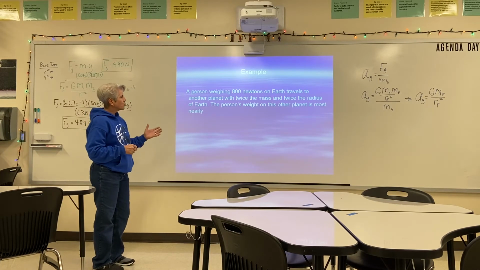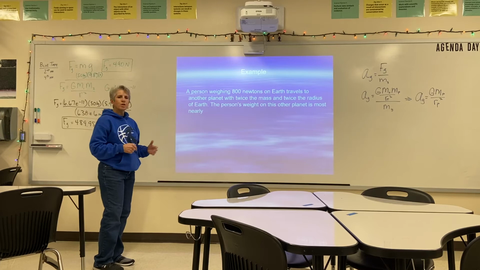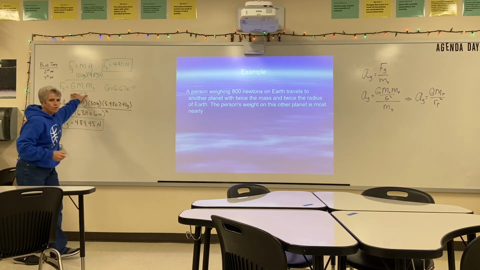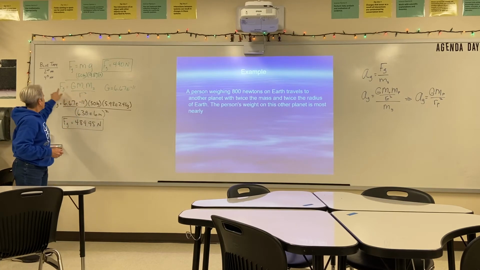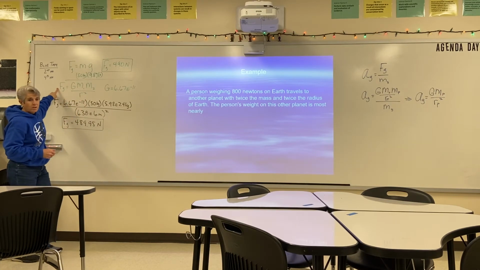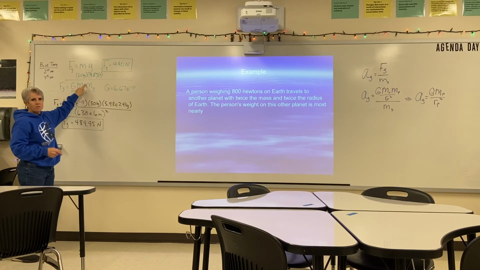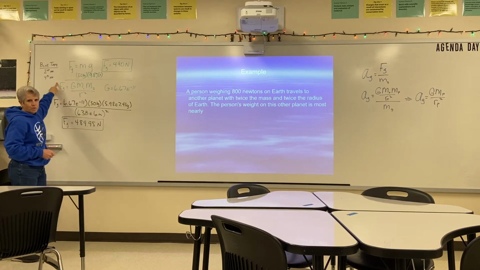The person's weight on this planet would most nearly be what? Remember, using Newton's law of universal gravitation, that force is their weight. M1 will be the mass of the person, M2 will be the mass of the planet. If we double this mass, that should double the force.